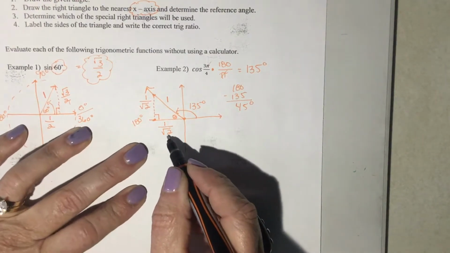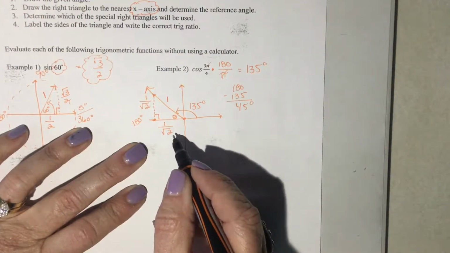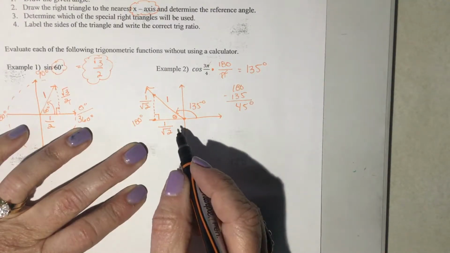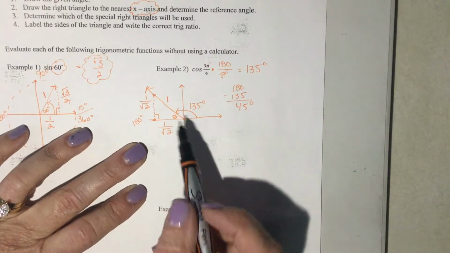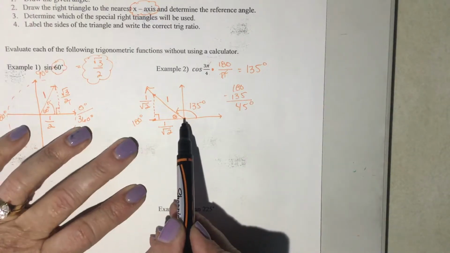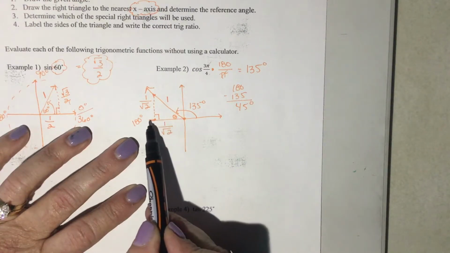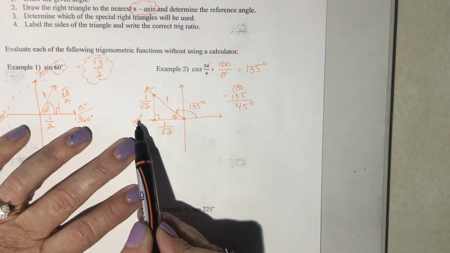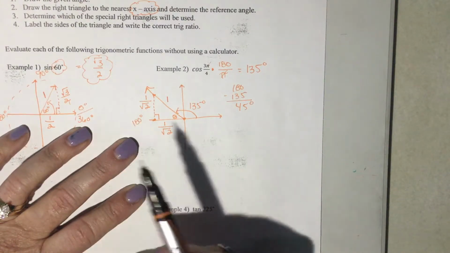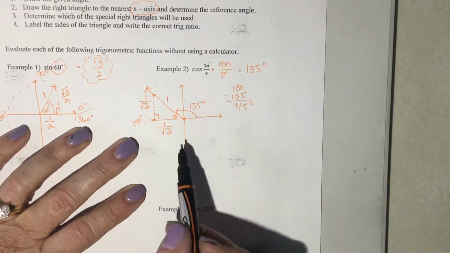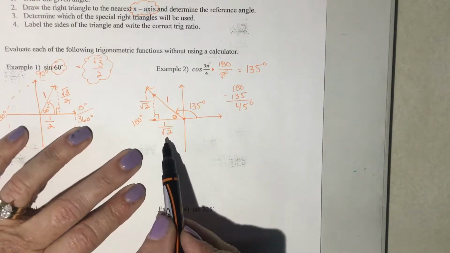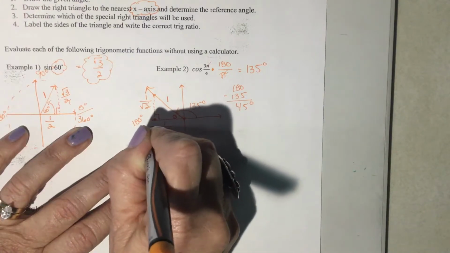But wait a second. Need all eyes to see this, otherwise you might get this wrong, and this is a simple fix. If I'm at the origin and I'm moving left along the x-axis, what kind of numbers am I encountering? Good job, guys. That's exactly right. I'm looking at negative numbers. So this 1 over square root of 2 needs to be a negative.